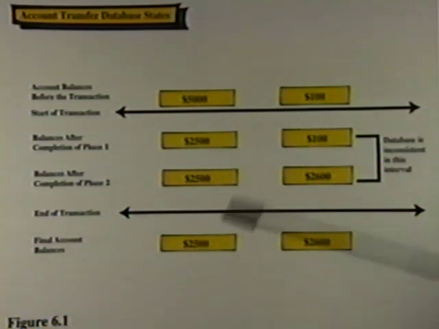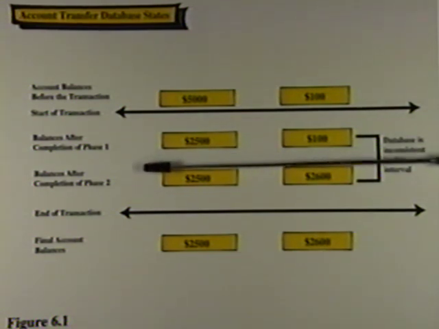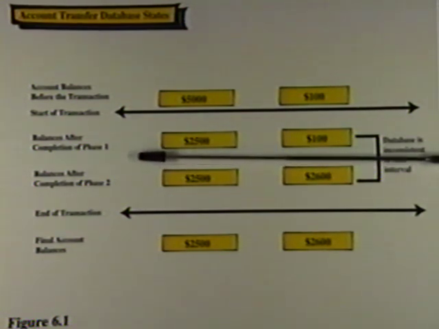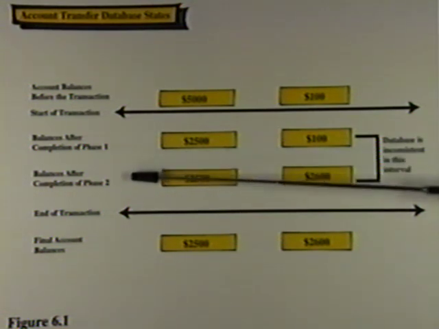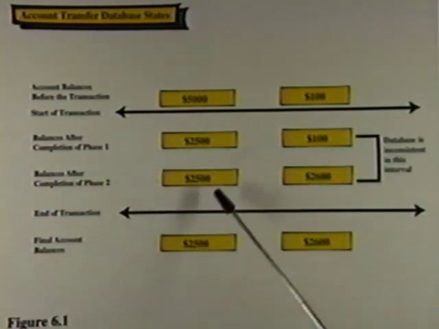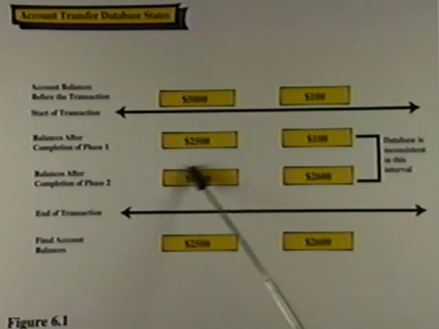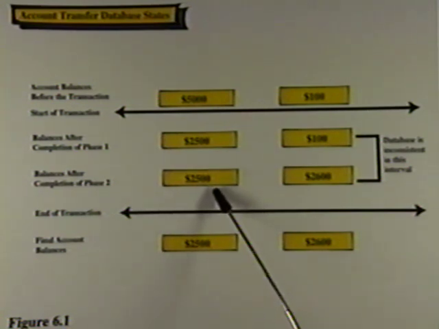So right here, the data is inconsistent. If there was an error and somehow we could not complete this transaction, we would be leaving the database in an inconsistent state.